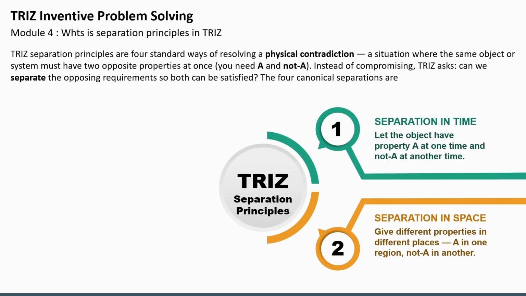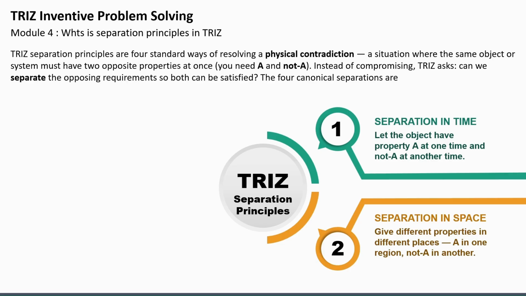If you are using a grinding wheel or a cutting tool, the edge or the front end which touches the other metal has to be rigid to transmit the force, whereas the place where you hold the tool has to be soft to give you a comfortable grip. So this is what we call separation in space.